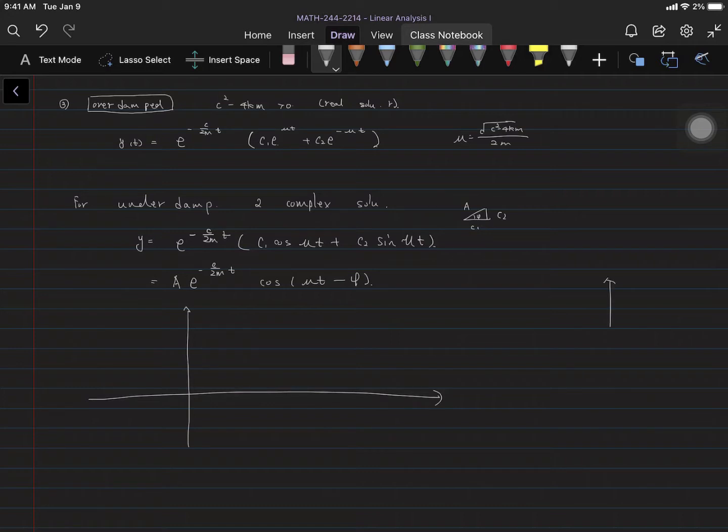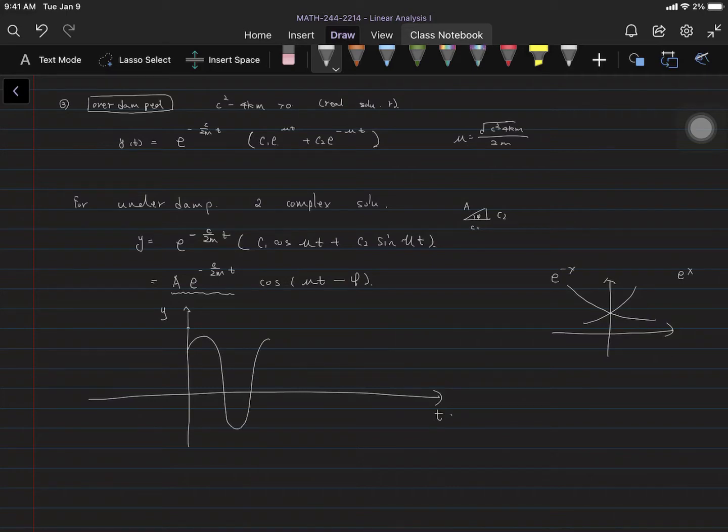So if we draw e to the x looks like this, and e to the negative x looks like that, decreasing, right? So actually this one, when t goes, e to the negative c over 2m times t is decreasing, so amplitude is decreasing.